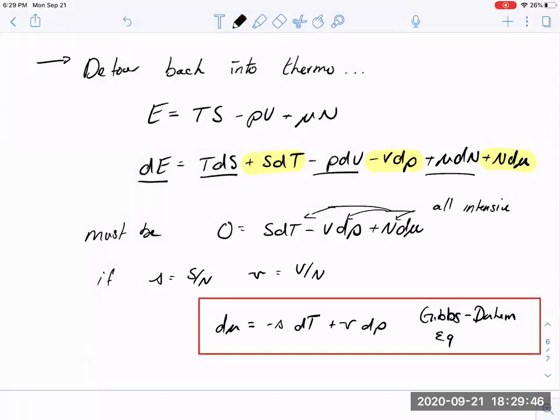Okay. So why did we go through and derive the Gibbs-Duhem equation?